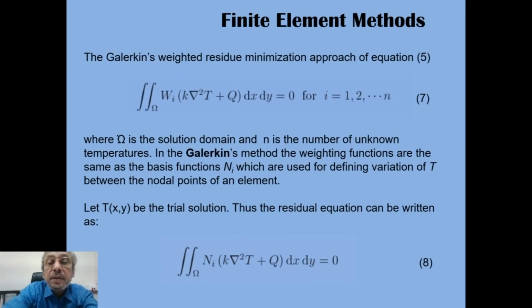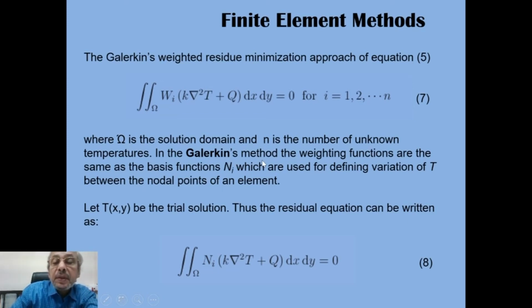Now, Galerkin's weighted residual minimization approach, as we have already mentioned, when we bring in a weighting function, which in Galerkin's approach is the same as the basis function or shape function, the integral of Wi times (k grad square T plus Q) dx dy equals 0, and this Wi is distributed over the domain, i equal to 1 to n, and this integration is done over the specified domain. Here omega is the solution domain and n is the number of unknown temperatures.